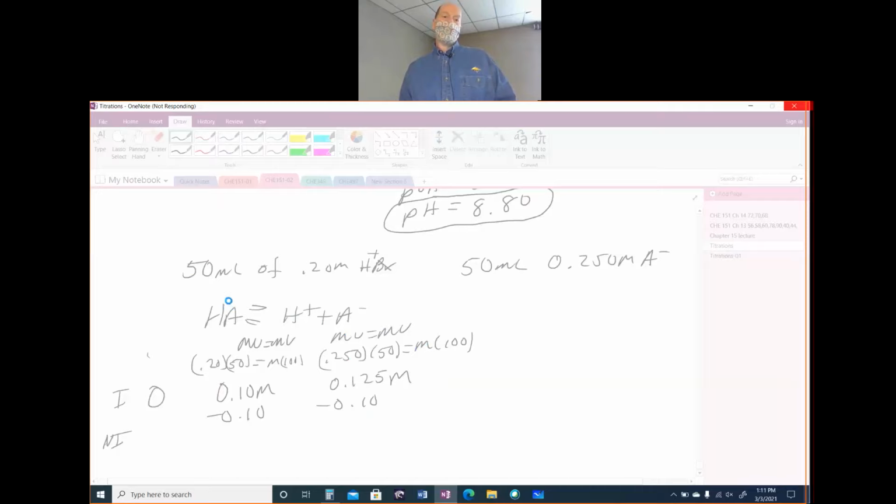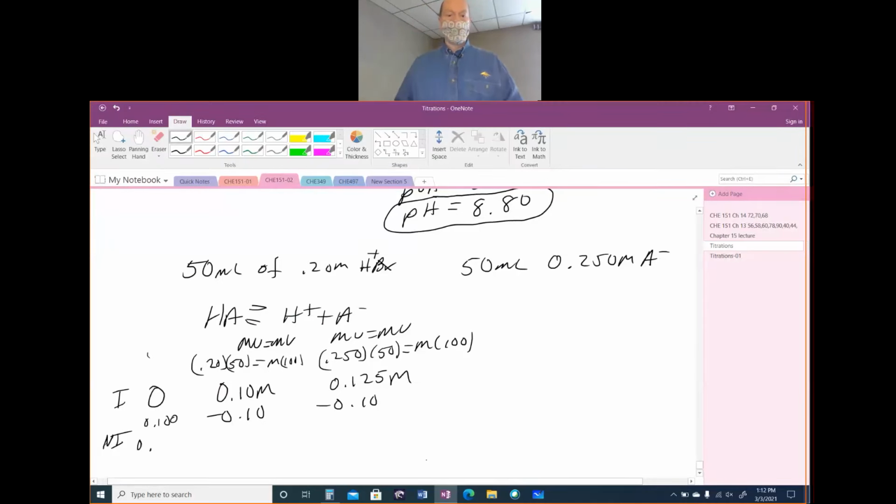When you have an initial concentration of HA and an initial concentration of A minus, remember the new initial, one of the products, your H plus or A minus for the Ka reaction or the Kb or the Kw, something on the right has to be 0.